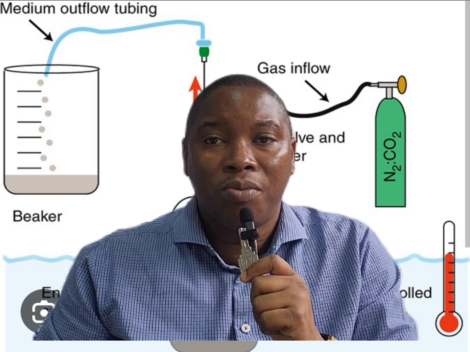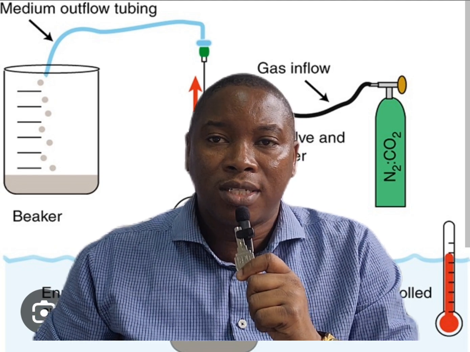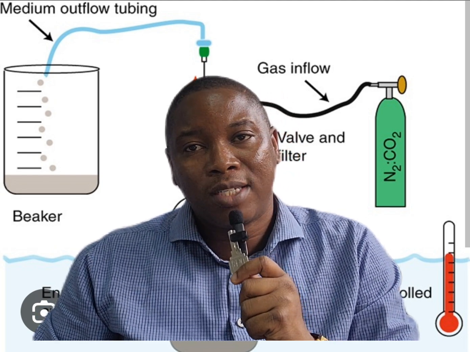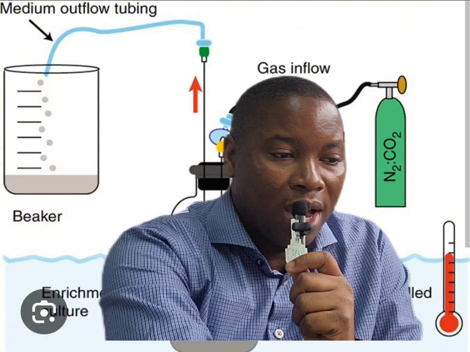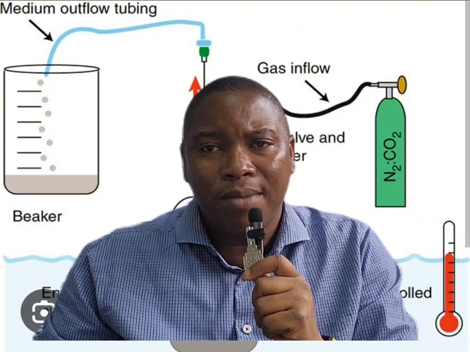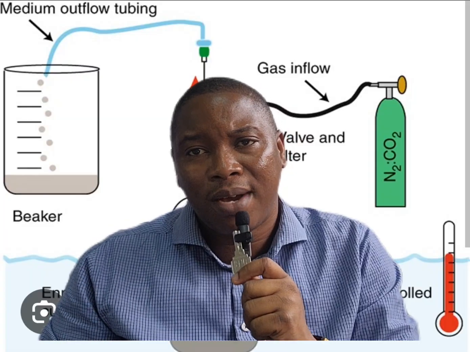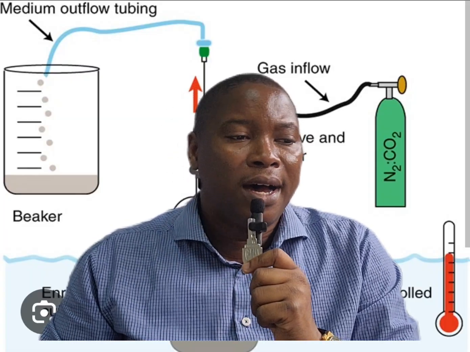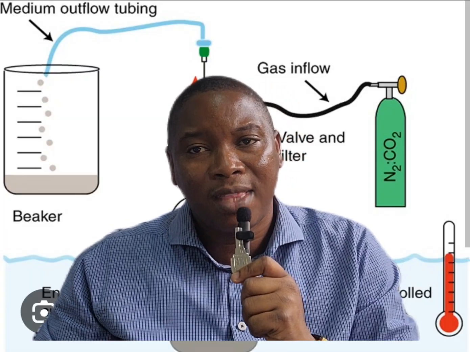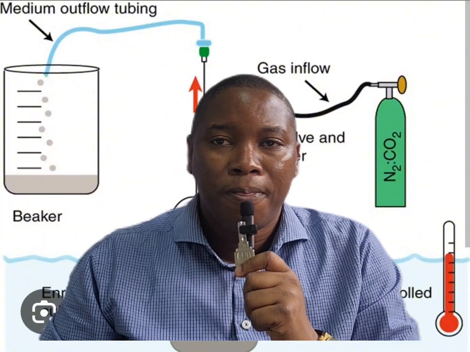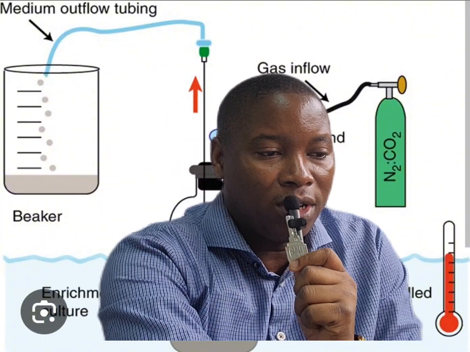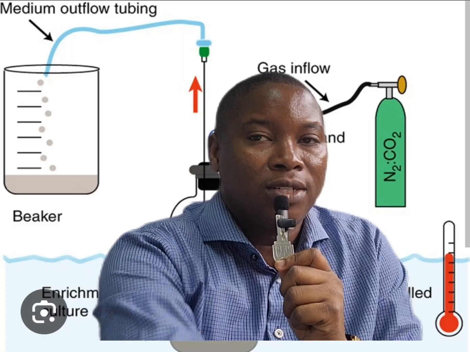Sometimes it could be an issue of oxygen, whether the presence of oxygen is favorable for the organism or not. We could use that to enrich our culture. You have nitrogen fixing bacteria, sulfur bacteria, methanogens, all these different kinds of organisms which could make use of different types of conditions. And this is important for us to use.